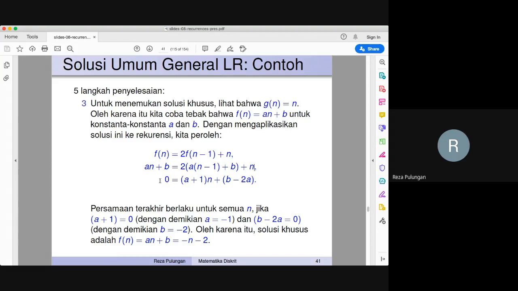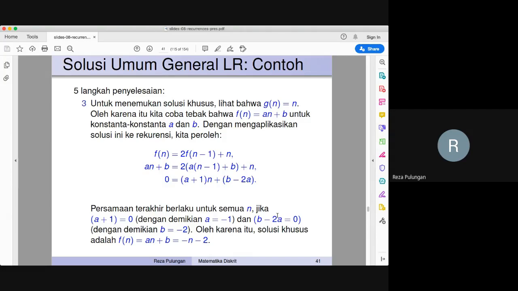So basically, 0 is equal to a plus 1 multiplied by n plus b minus 2n. And this last equation applies for all n. So that means a plus 1 is equal to 0, so a is equal to minus 1. And then b minus 2a is equal to 0. I think both of them are just fine.